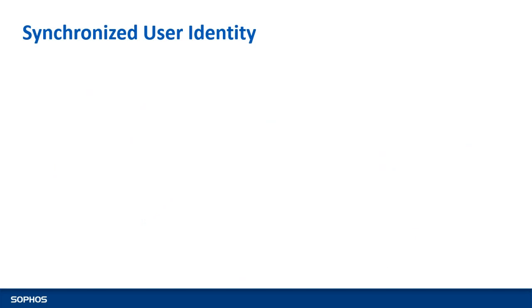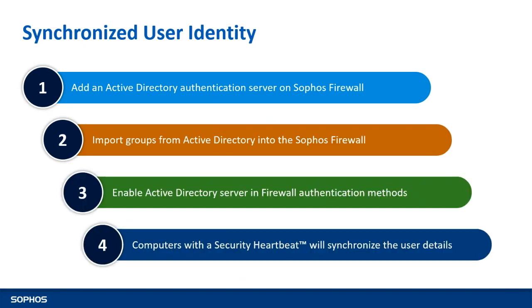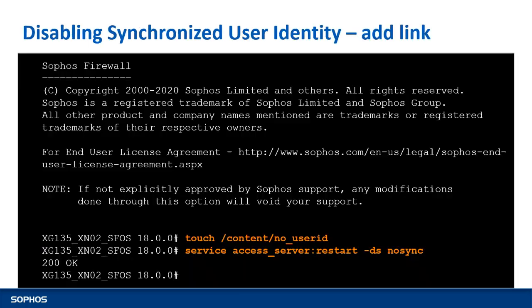For synchronized user ID to work, you will need to have added an Active Directory authentication server to the firewall and import the groups using the wizard. The Active Directory authentication server must be enabled as an authentication source in the firewall. Go to Configure, then Authentication, and then Services. With this done, all the Windows endpoints with heartbeat to the Sophos Firewall will be authenticated transparently.